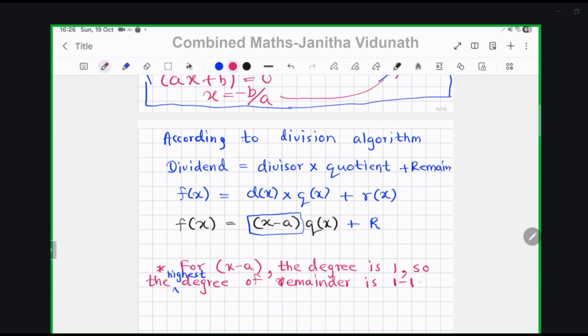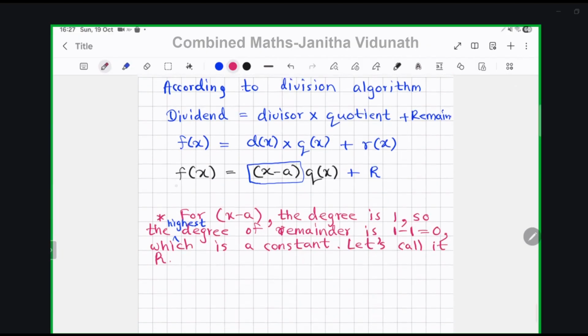That means 0, which is a constant term. So let's call it capital R.